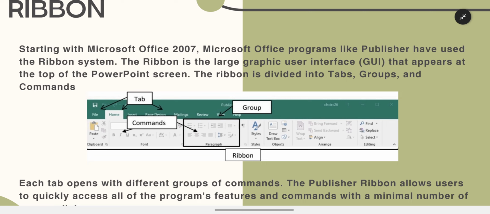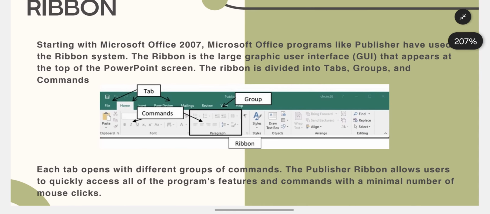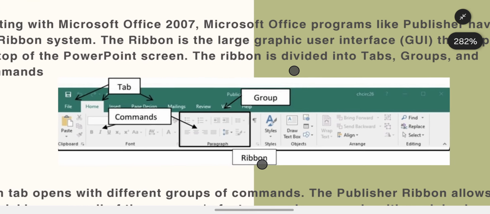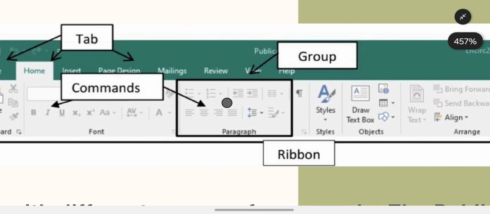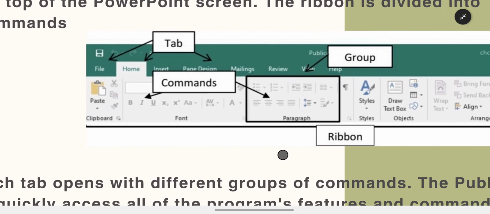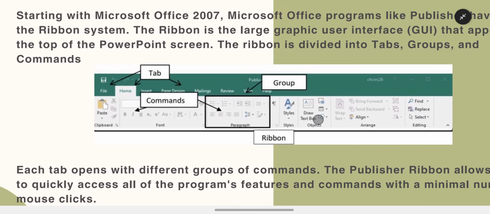Generally we know these options in the app, and they appear in other apps like Word, PowerPoint, Excel, etc. Now we have the tabs, which are like the options in the app, and the groups, and the commands are like the format of the letters, and the ribbon is all of that.